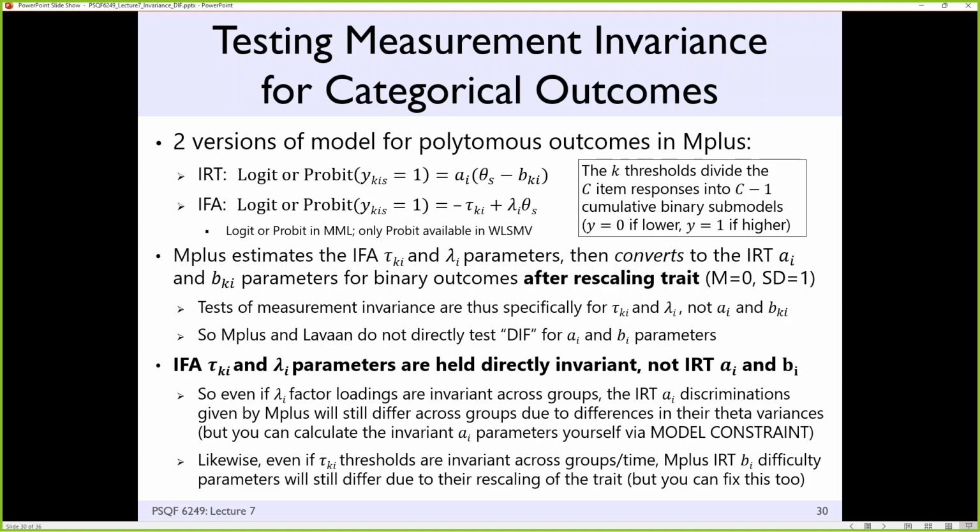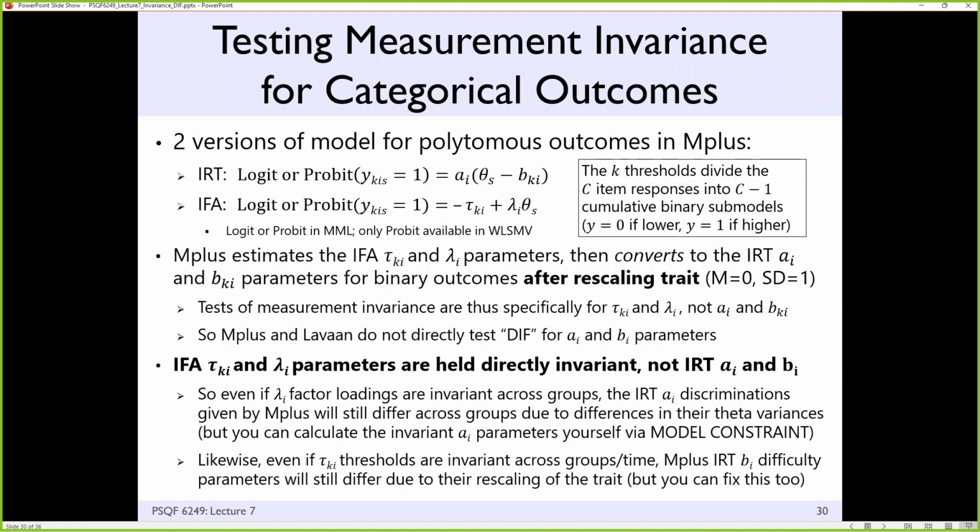So in IFA, do we still have loadings? Yes, we do. Do we still have intercepts? No, we do not. What do we get instead? Thresholds. Do we have just one per item or more than one? Depends. Depends on the number of categories. Yeah, number of categories.